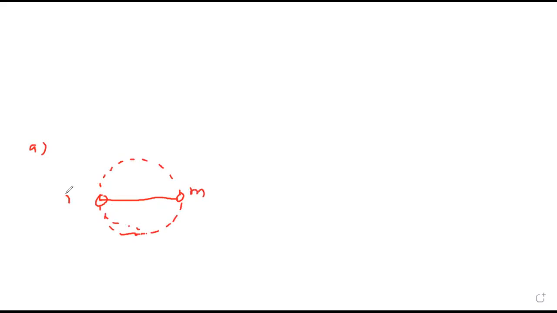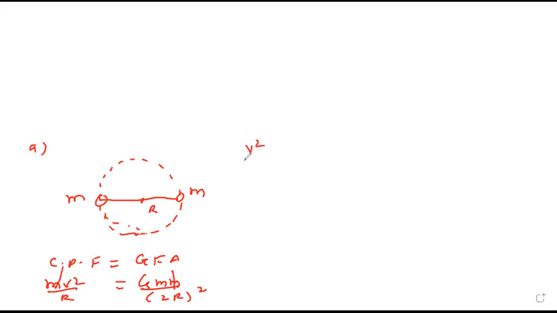So if this is mass m, radius of orbit r, the necessary centripetal force is provided by the gravitational force of attraction, so mv square upon r is GMm upon 2r square. One m you can cancel. So v square upon r is GM upon 4r square.